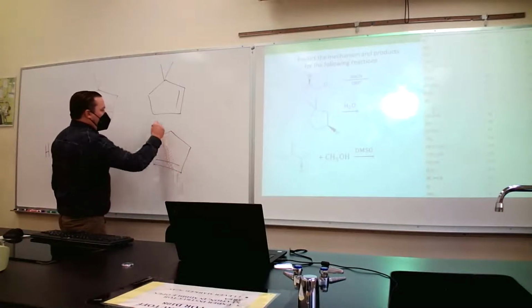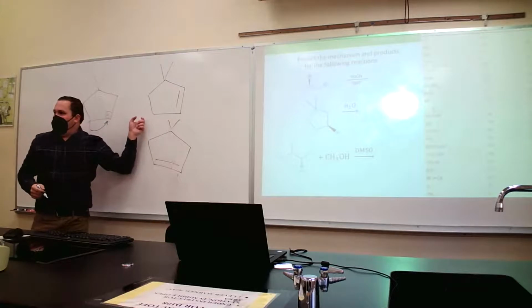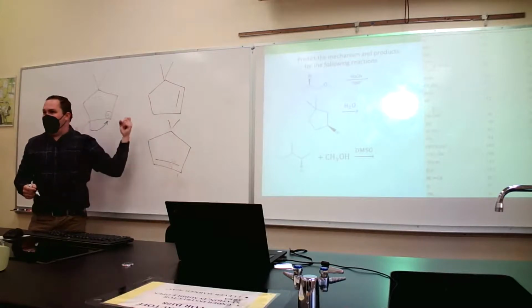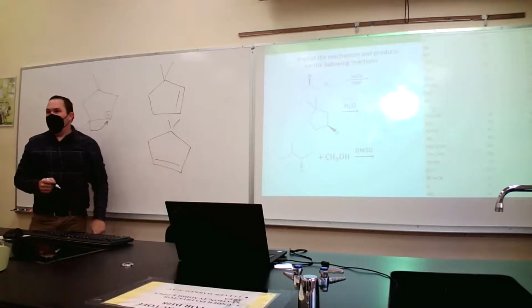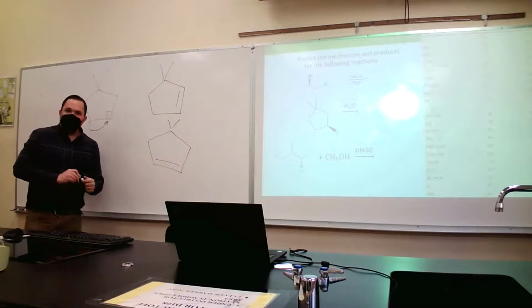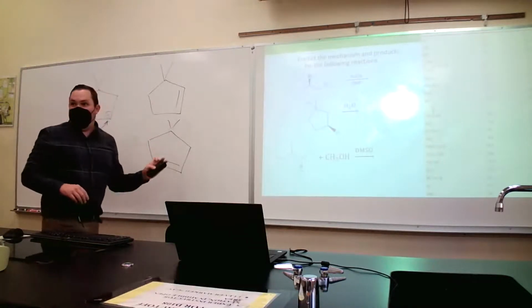And we'll talk about which version is more stable, but basically you have two adjacent carbons, so there are two places you can steal a hydrogen, which means there are two possibilities for where to put your pi bond. But the basic idea of an elimination reaction is just that.